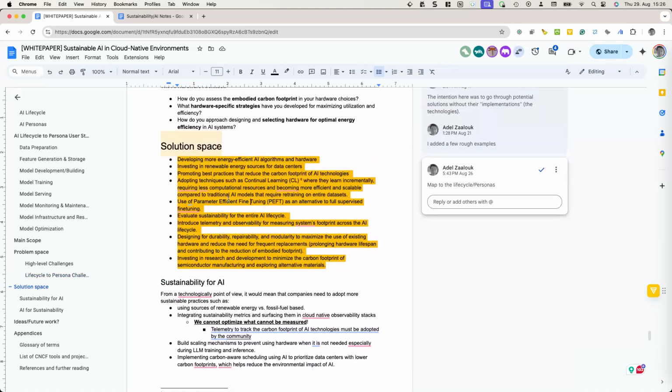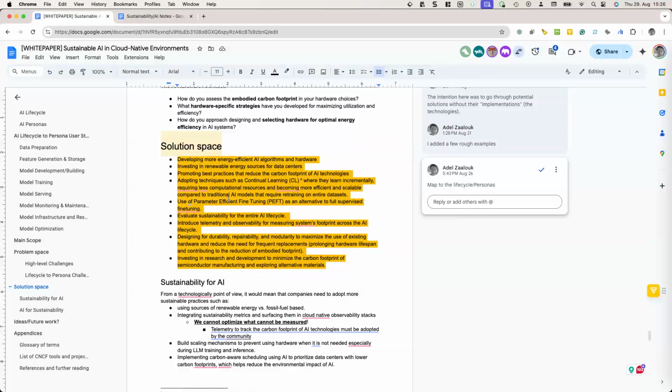There's a lot of solutions out there that make use of parameter efficient fine tuning, but not necessarily mentioning the solution. It's an approach of how to solve the problem, or how to tackle it, in a sense.